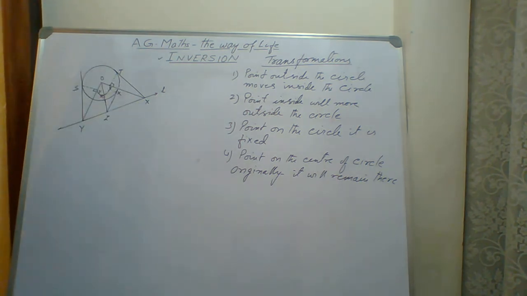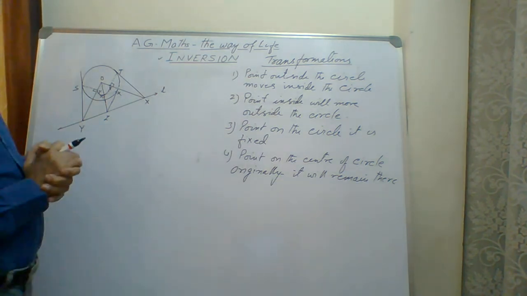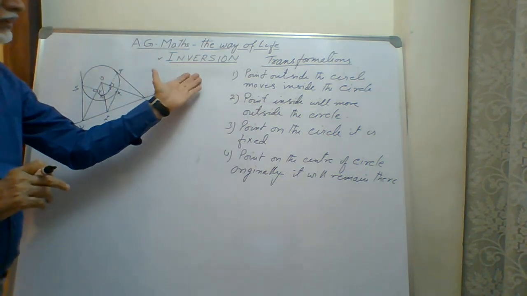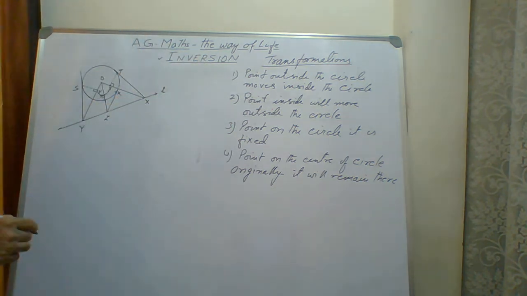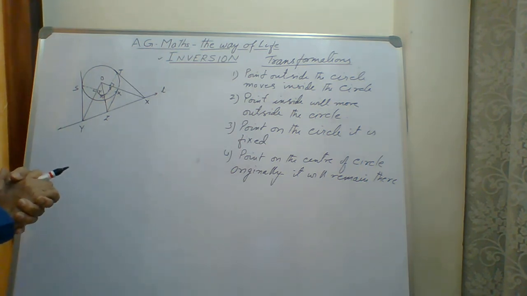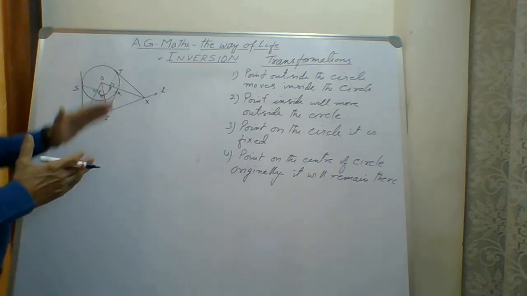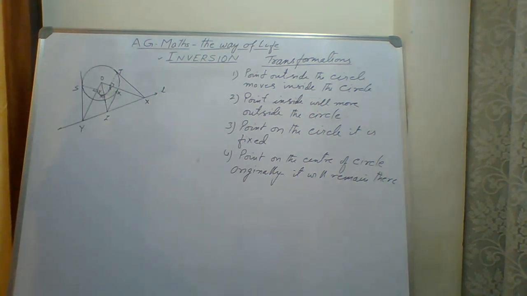So very well you can understand what will happen to your elephant when it is subjected to inversion transformation. The elephant will become a straight line instead of becoming an elephant of the same shape or size outside. So the inversion process takes a line to a circle and a circle to a line. That is the result we are facing.